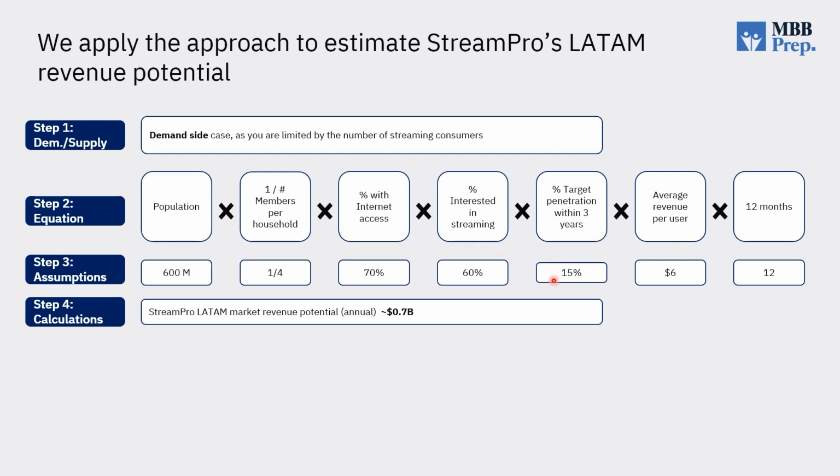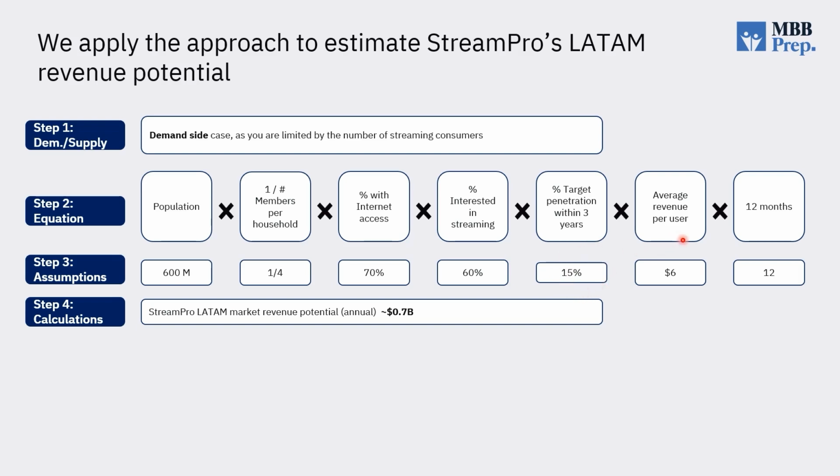Then multiply that by the market share estimate that StreamPro might get. So 63 million times 15% gives me approximately 6.3 plus 3.15, so that gives me around 9.5 million.